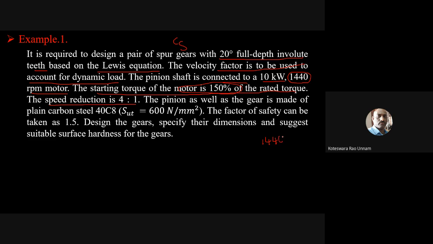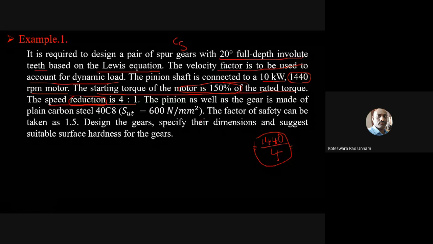The driving member is the motor here. The driving gear runs at 1440 RPM, so at the driven gear the speed should be 1440 divided by 4. That's why we call it a speed reduction, meaning speed is reduced at the driven shaft. So it becomes 1440 by 4.